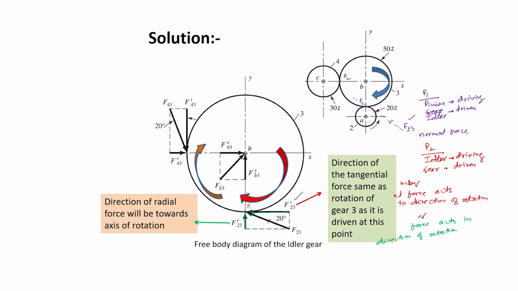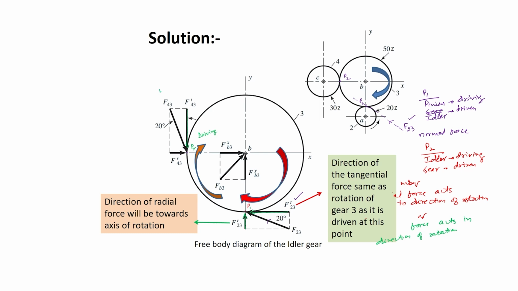Now, for pitch point P2, the idler is the driving member, and thus the transmitted load will act opposite to the direction of rotation. The direction of rotation is shown by this arrow, and thus opposite to the direction of rotation the tangential force will act, and this tangential force is a component of the normal force F43, which is applied by the fourth member on the third gear. The third one is the idler.